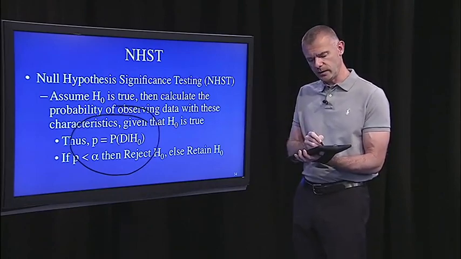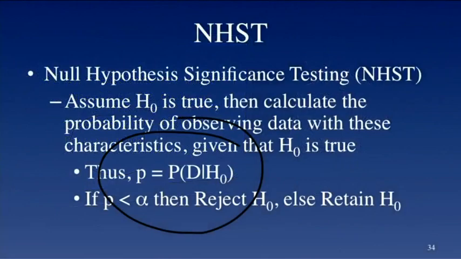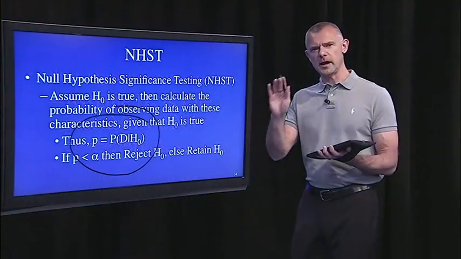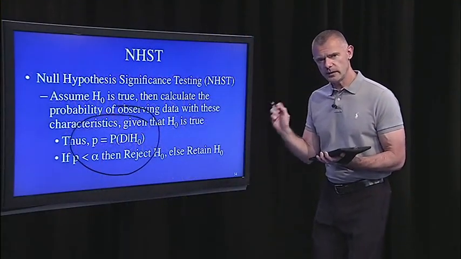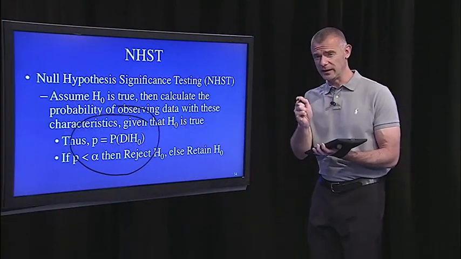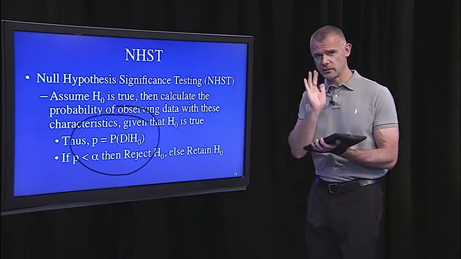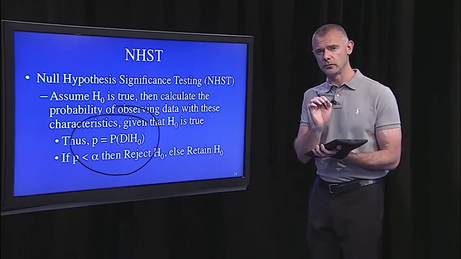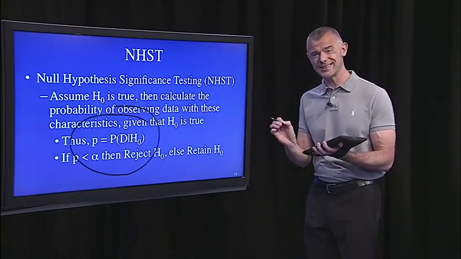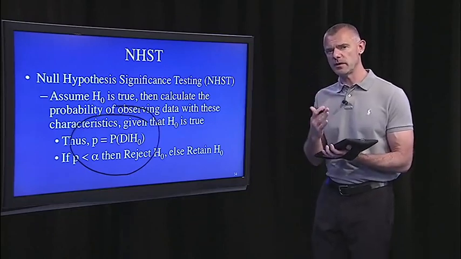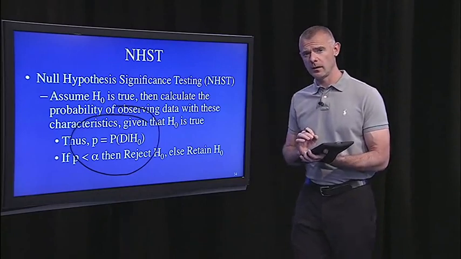So that's the probability of D given, that's that vertical bar, you can read that as given, the assumption that the null hypothesis is true. So that's a mouthful, but let's say it again. What the p-value really means is it's the probability of obtaining this outcome given the assumption that the null is true. Okay? That's critical to understand as you think about this idea of statistically significant and as you look at p-values in your R analyses.